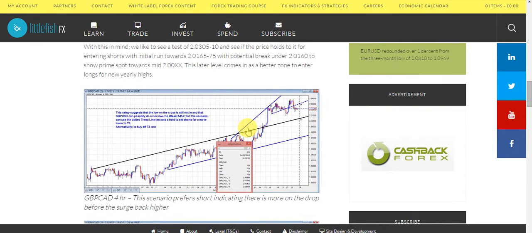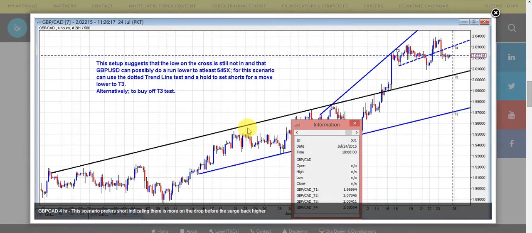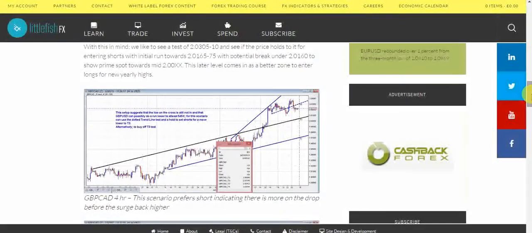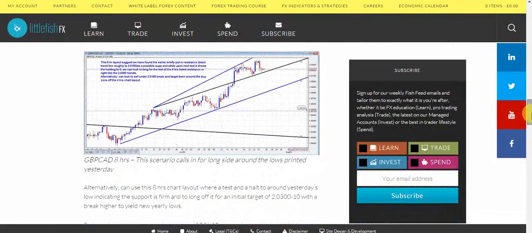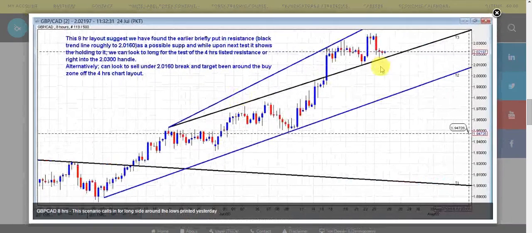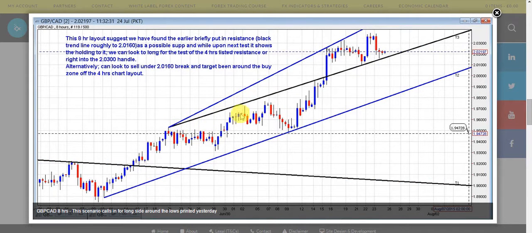This was a 4 hours chart where the main buy would come down much lower, but my second scenario was an 8 hours chart, and it basically called for a briefly put in resistance, not really tested, we did not see too much swing from here.